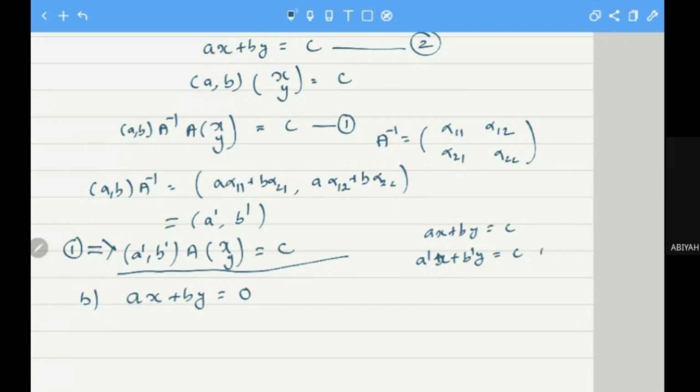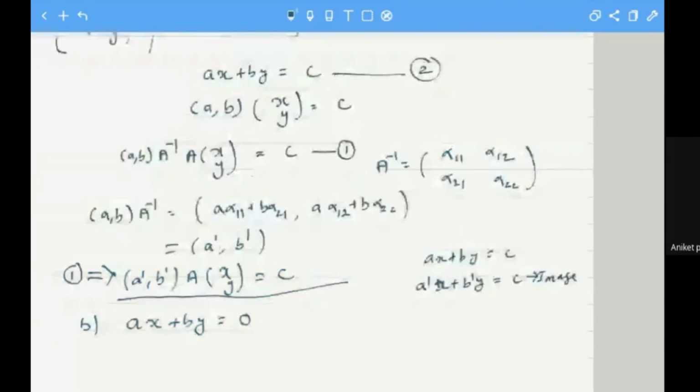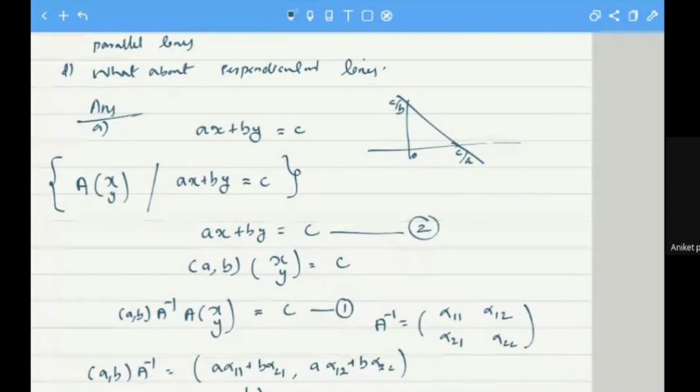This is the image. So if C is 0, it's again going to be 0. For the image also, the C is going to be 0. So it is again a straight line passing through the origin. Clear, right? Yes, sir. So the second option is also true.